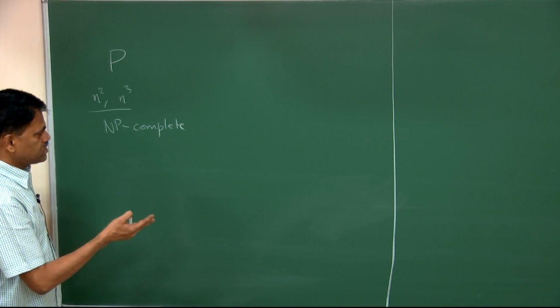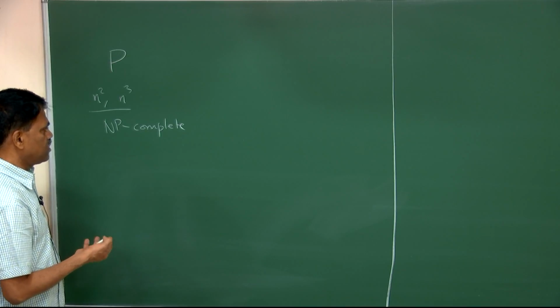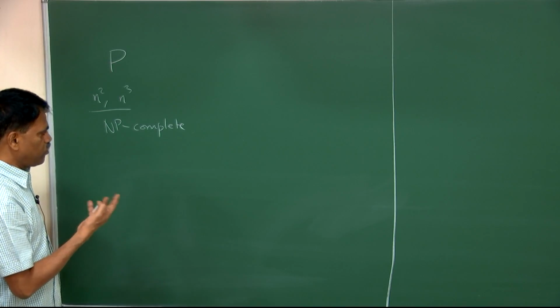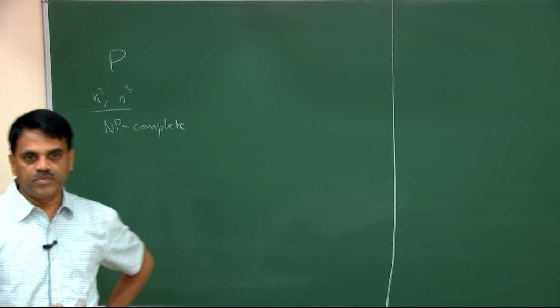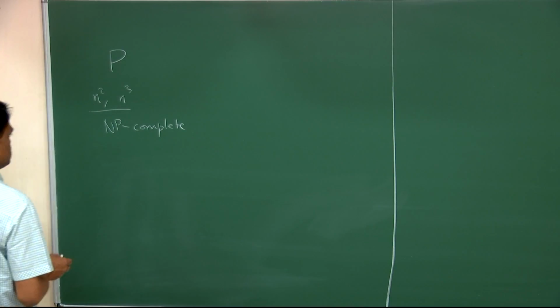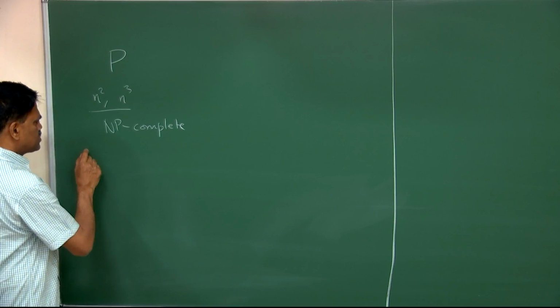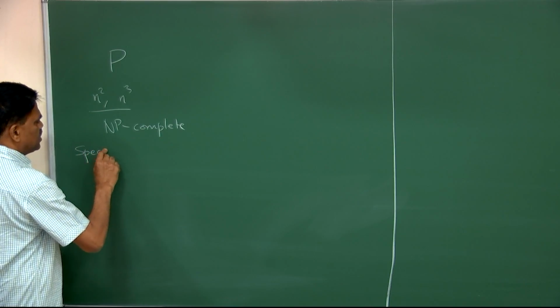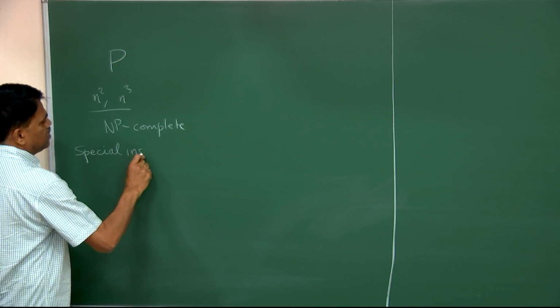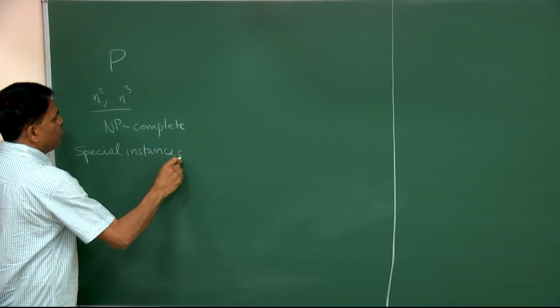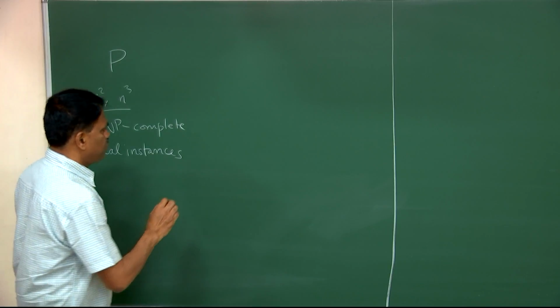Now, the last 2-3 lectures, we are looking at how do we deal with problems that are NP complete, right? So, some of the approaches was to look at some special instances where maybe you can design polynomial time algorithm.